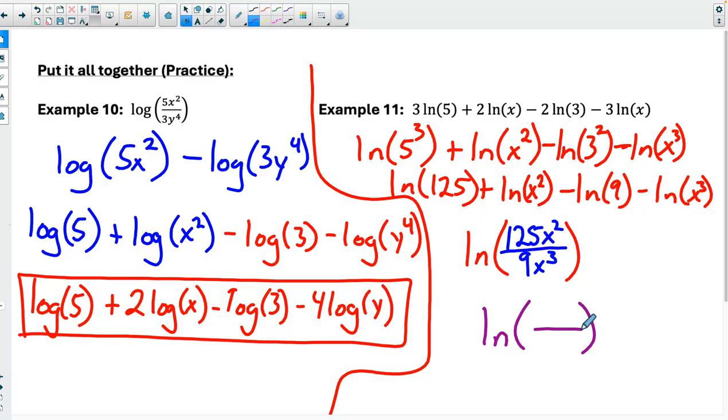No, it's just 125 divided by 9, which is fine. X squared divided by x cubed. What's that simplify to? Just x, top or bottom? Bottom, good. So I get 125 divided by 9x.